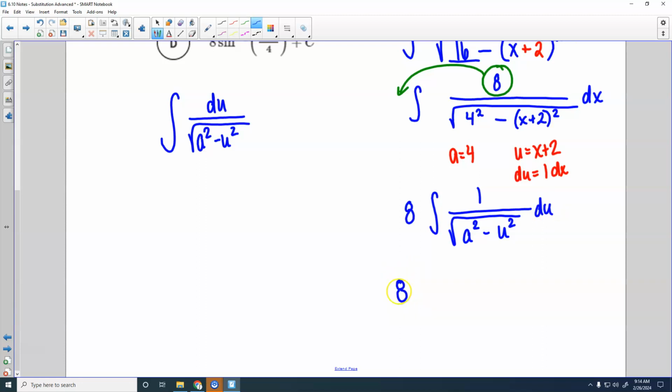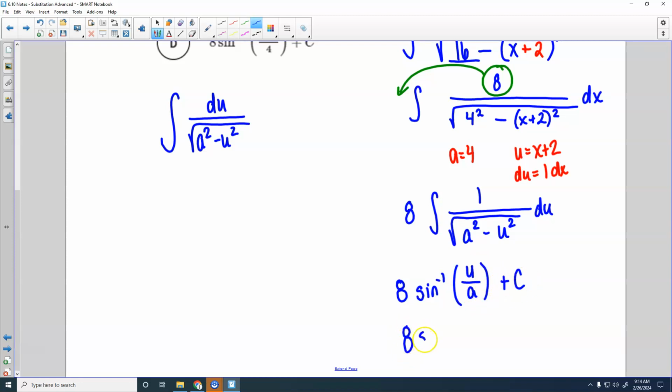And when we integrate 1 over the square root of a squared minus u squared du, we get, I'm going to write inverse sine instead of arcsine because that's the notation that they use, inverse sine of u over a plus c.